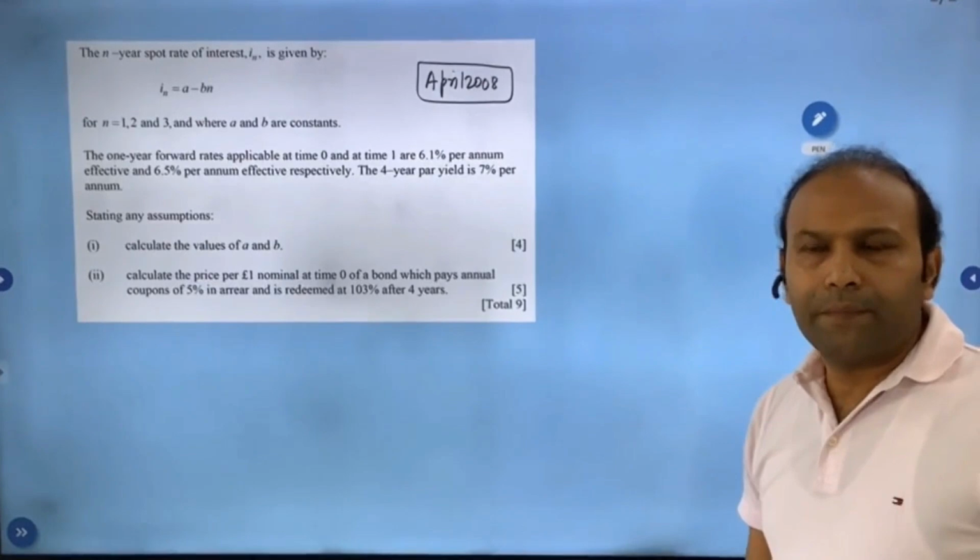The n year spot rate of interest is given by an expression for n at most 2, where a and b are constant. y1 दे रखा है 6, y1 इसमें डालूंगी a minus b equal to 6, 1% per annum effective and 6.5% per annum effective respectively.